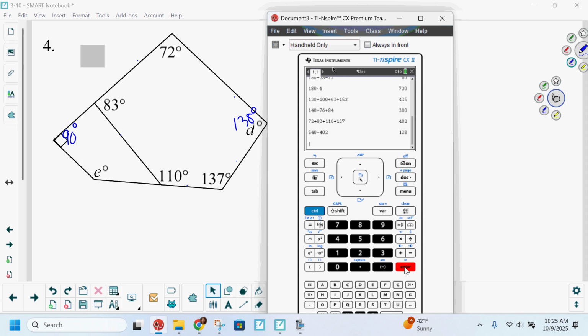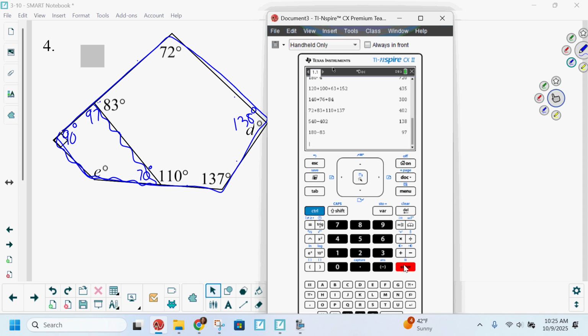So D is 138. But now I still have to figure out E. Well, I know that this must be 70 degrees. And these two angles are supplementary. So 180 minus 83 is 97. So I have two ways to figure out angle E. I could look at this entire polygon, or I can look at this quadrilateral with 4 sides.